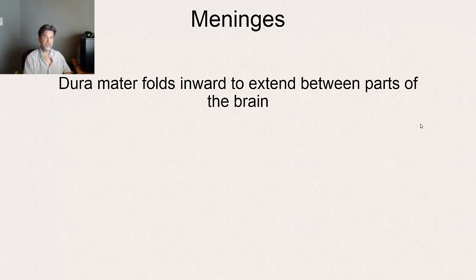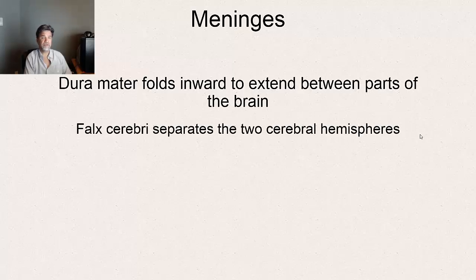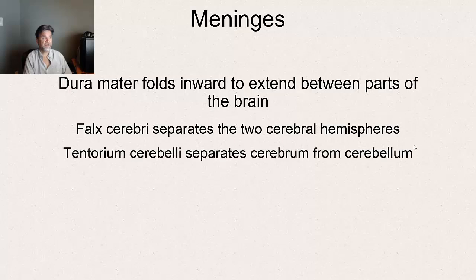Now, as I mentioned, since there are two layers, the innermost layer can fold and extend between parts of the brain. And the part when it extends, where the longitudinal fissure is in between the two cerebral hemispheres, is called the falx cerebri. Then we have the inner layer that goes in between the region, the delineation between the cerebellum and the cerebrum, and it's given the rather Roman-sounding name of tentorium cerebelli.